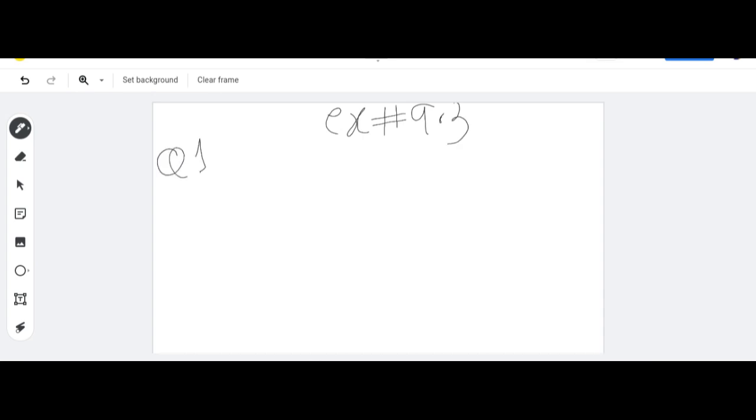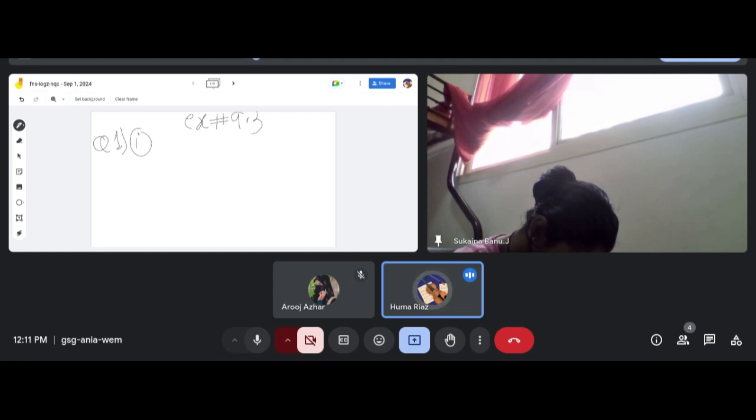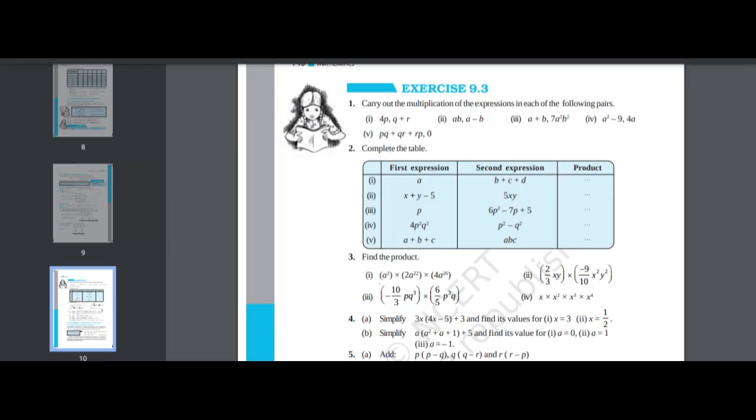Exercise 9.3, question number 1, part 1. Just tell me, Sukaina. Which part? 1, 2, 3, 4, 5. In the first one, which I cannot solve. You have to pick a part for me.